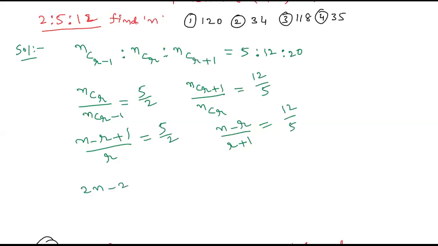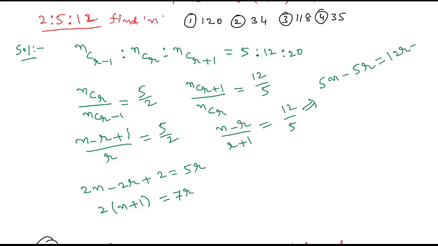2n-2r+2, that is equal to 5r. 2n and 2 take common, we get 2 into (n+1), that is equal to 7r. And here take cross multiplication, 5n-5r, that is equal to 12r+12. Now this is 5n-12 is equal to 17r.